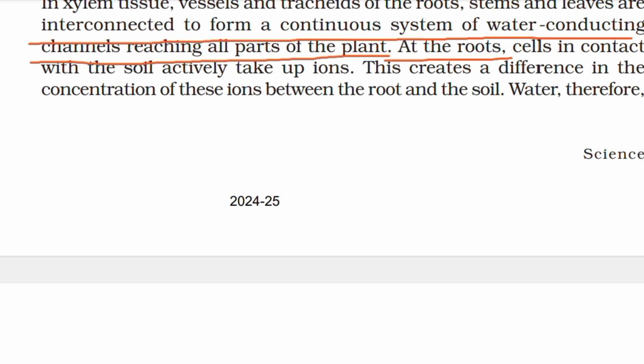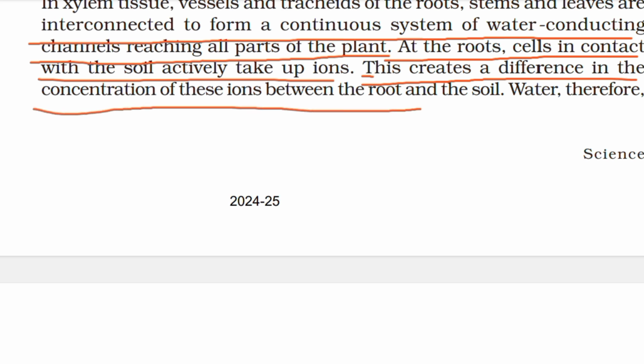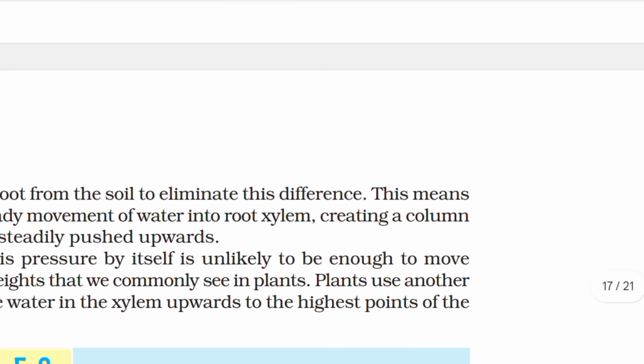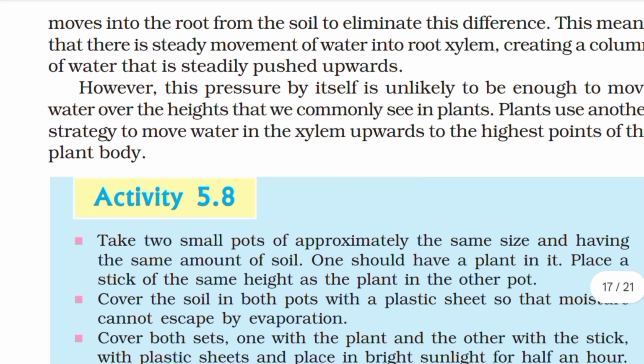At the roots, cells in contact with the soil actually take up ions. This creates a difference in the concentration of these ions between the root and the soil water. Therefore, water moves into the root from the soil to eliminate this difference.